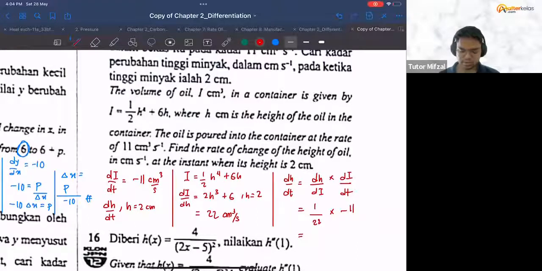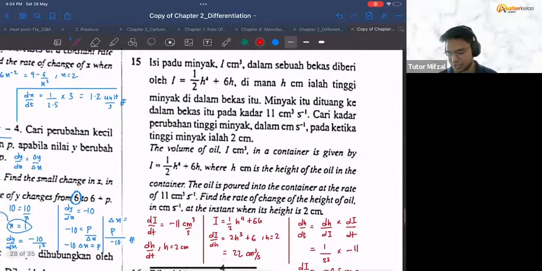So negative 11 over 22, we get negative 0.5 centimeter per second. Okay? It's the same, if you look carefully at the pattern. It has the same pattern over here.